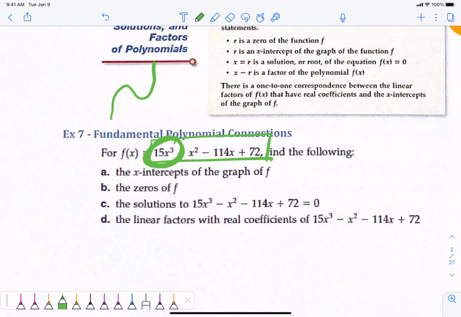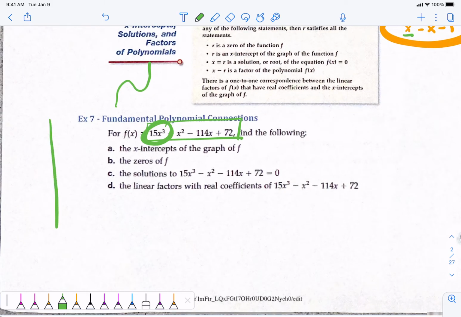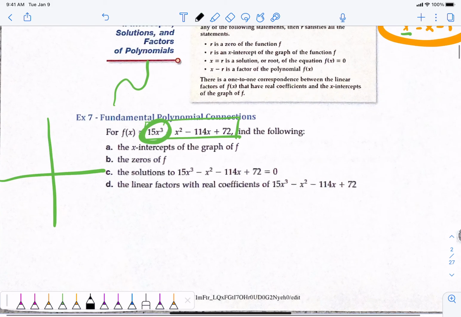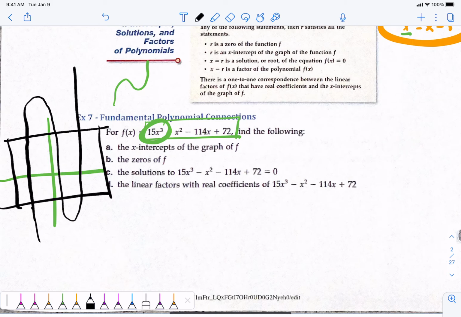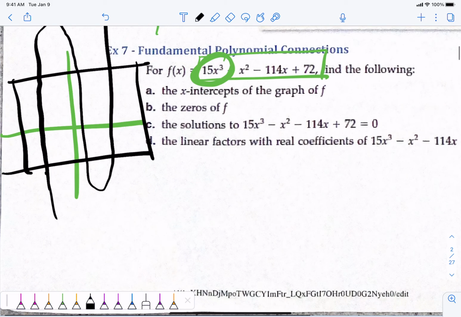That's kind of what mine looks like, it's off the screen though. Mine goes all the way up, then comes back down here, and then goes all the way back up again. My window's only showing this chunk of it right here. But it is crossing at 3 places: this one, this one, this one. And they want us to find those places.